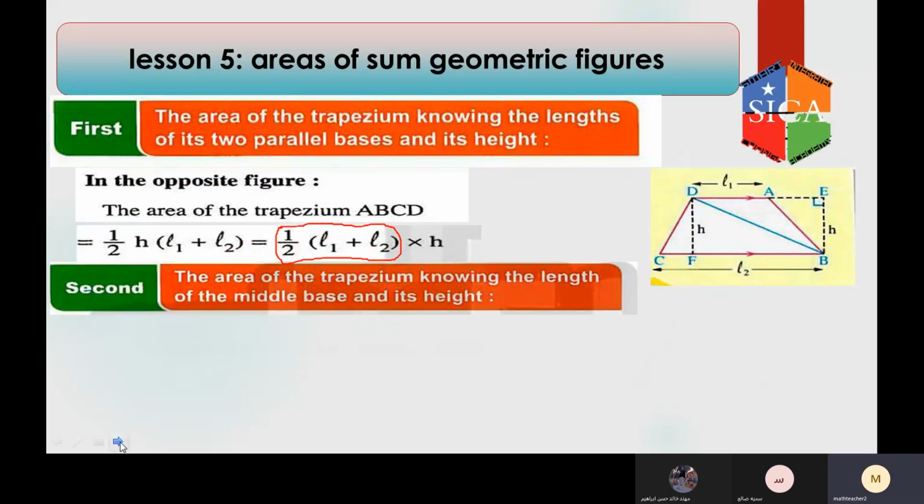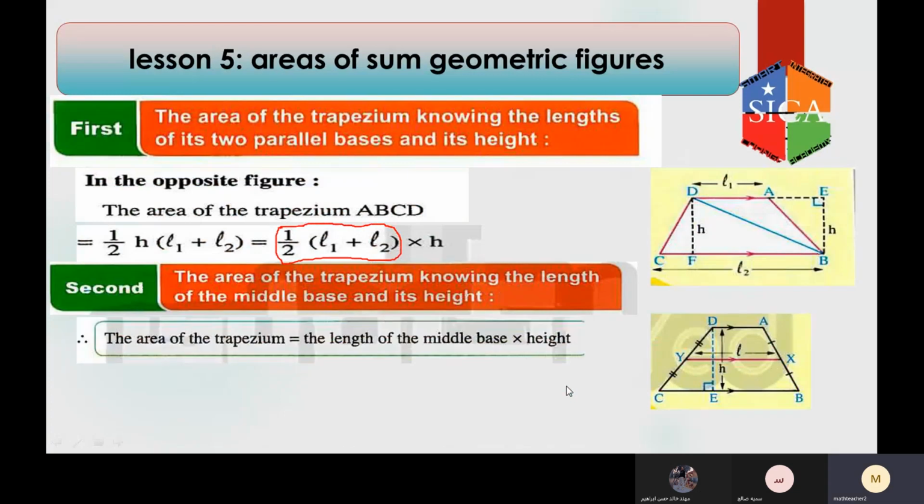Finding the area of the trapezium, knowing the length of the middle base and its height, is the same. We'll substitute half L1 plus L2 by the middle base, called L, times the height, called H. Then the area of the trapezium equals the length of the middle base times height.